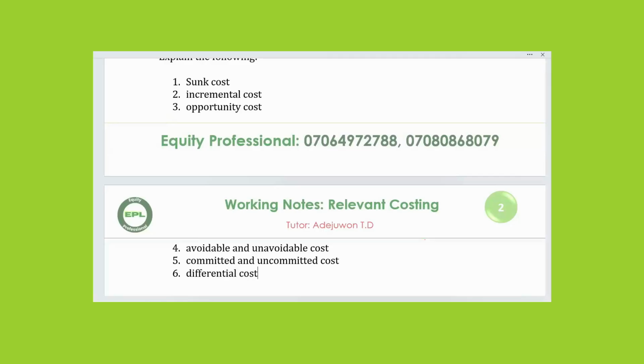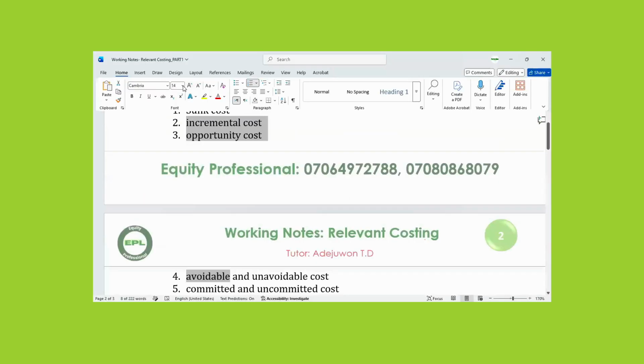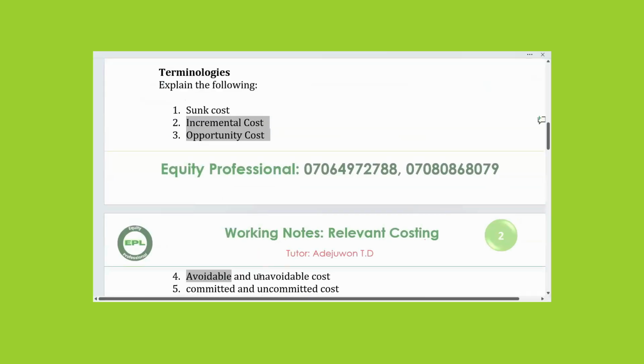Okay, differential cost. So you may be asked to explain any of these cost items, and you must know what you are doing. You must know each of them. For the VI and the solo students, I've already given them this, and they have formed a note on that. It's the same thing with you. So go and develop your notes on any of this.